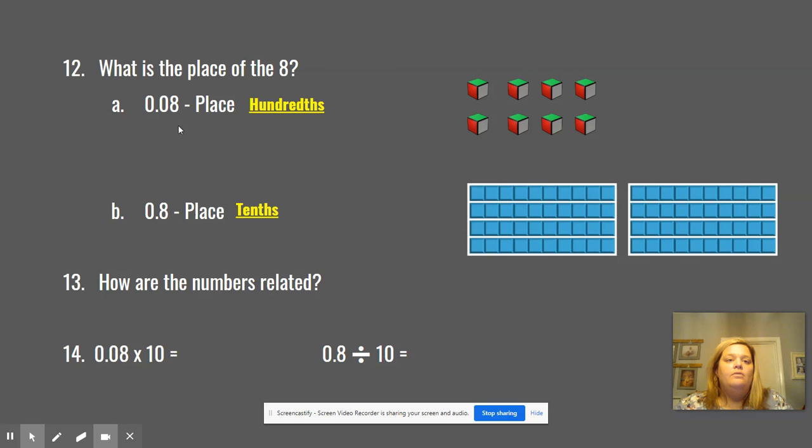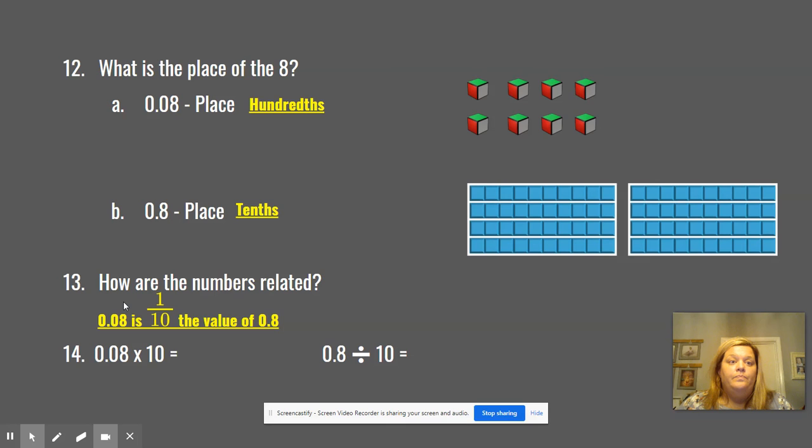So right now, this 8 in 800s, what is the value of it? We said it was 800s, okay? Now we know that 800s is less than 8 tenths, but you need to know by how much. And it's related because the 800s is 1/10 the value of the 8 tenths.